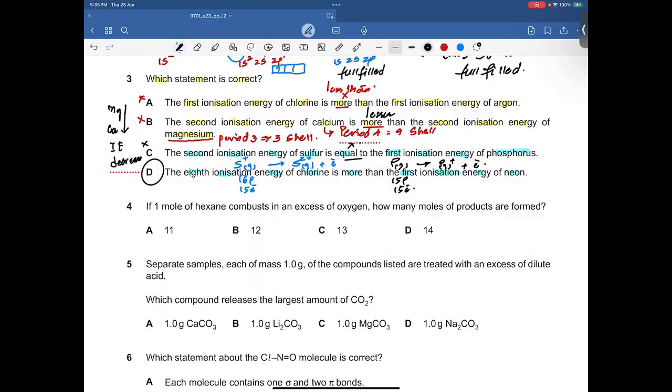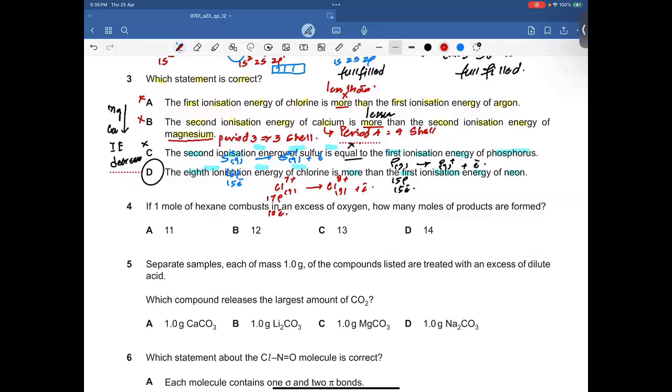I can write this in this format. I can write this like this. This is chlorine 7 plus. For 8th ionization energy, it's going to be 8 plus and an electron, right? So it has 17 protons and 10 electrons.